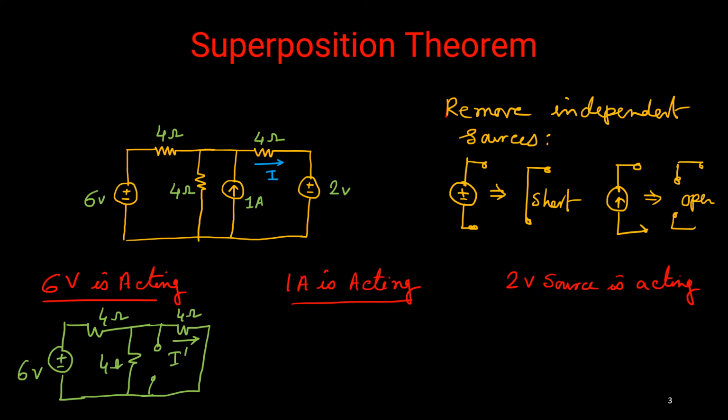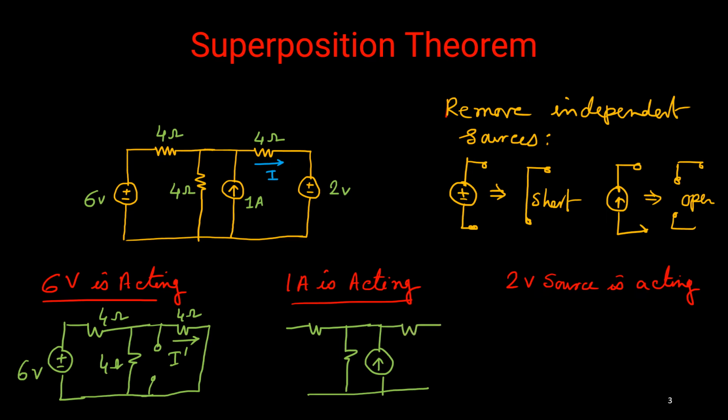Similarly, when the 1 ampere current source is acting alone, then we need to remove the 6 volt source by short circuit. We need to remove the 2 volt source also by short circuit. Then you will see the circuit will be: this is the resistance, this is the resistance, and this current source is acting only.